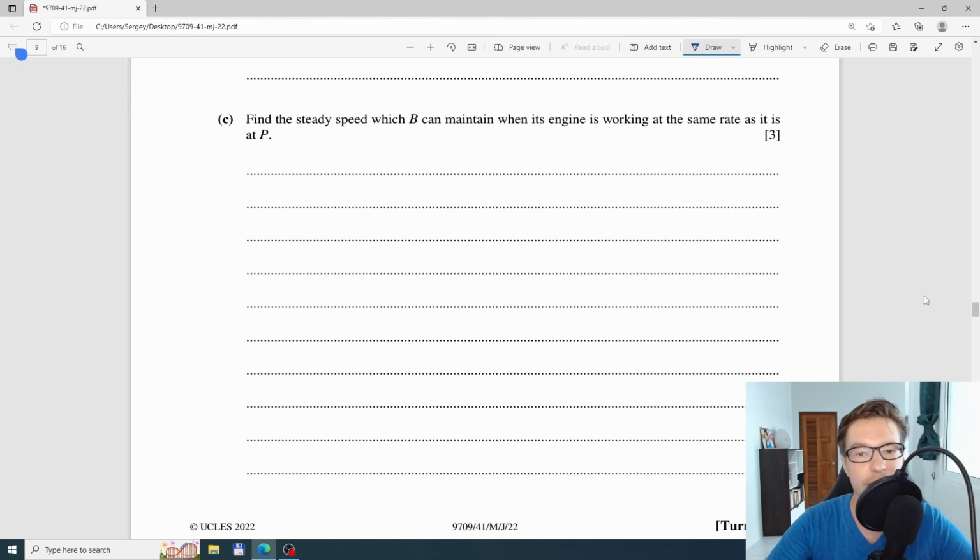Find the speed which B can maintain when its engine is working at the same rate as it is at point P. When I talk about the rate of producing work, that means work over time, which is power.